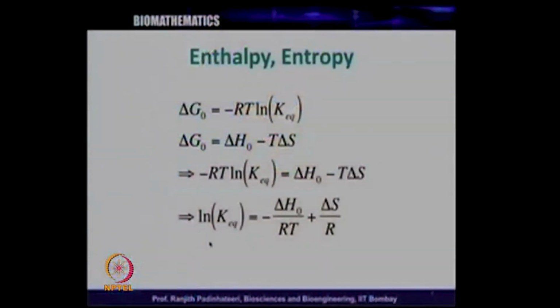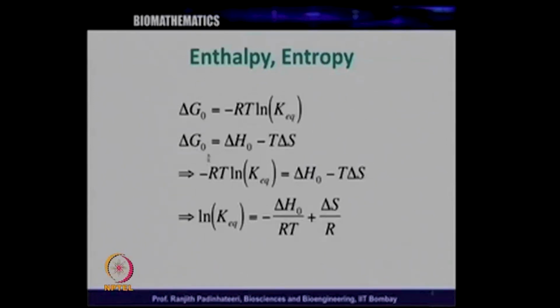You might have studied that the formula is delta G0 equals minus RT ln K equilibrium. You also know that delta G0 can be written as delta H0 minus T delta S. So, free energy is enthalpy minus temperature times entropy. This you also know.